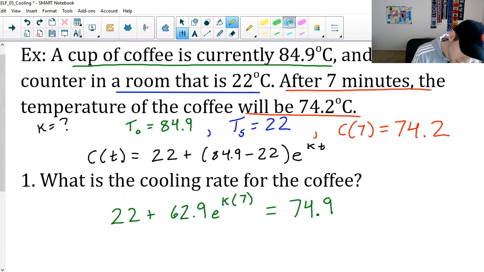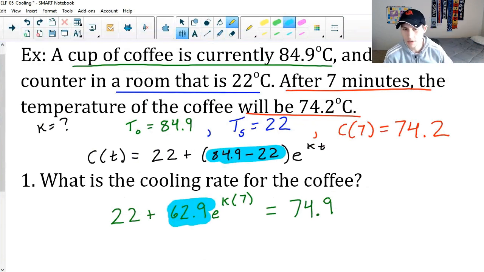So just like last time, you'll notice that I just went ahead and simplified that. I did the subtraction to get 62.9.